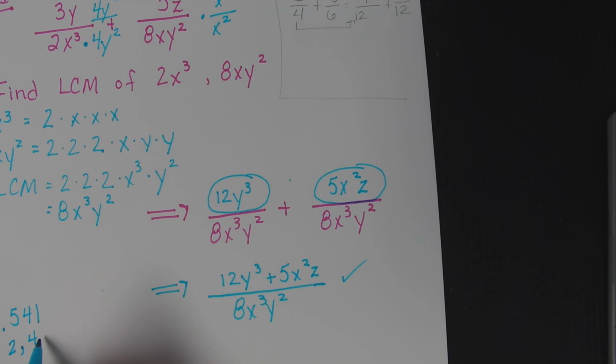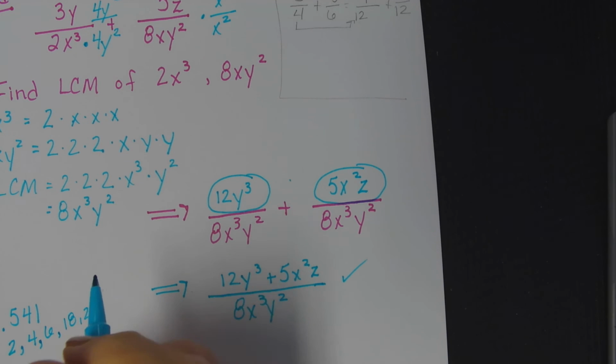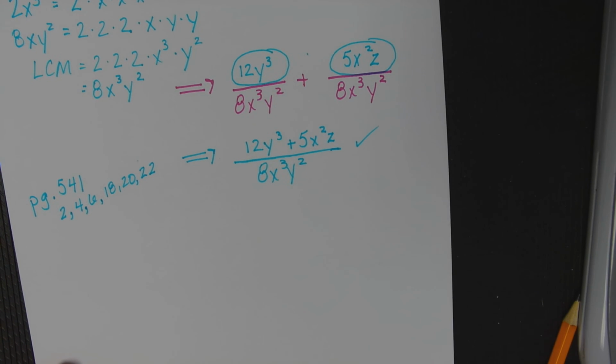Two, 4, 6, 18, 20, and 22. 1, 2, 3, 4, 5, 6.